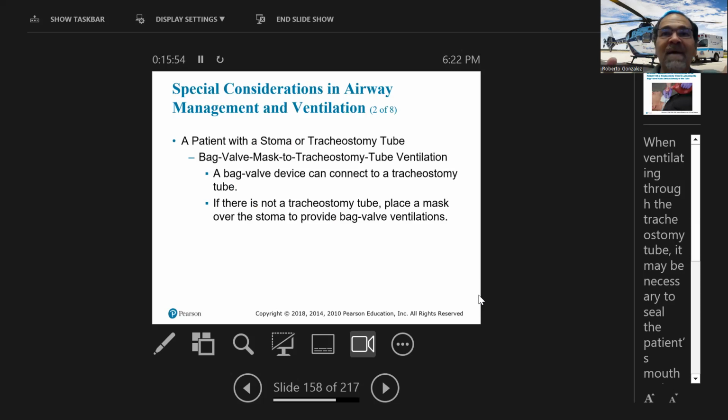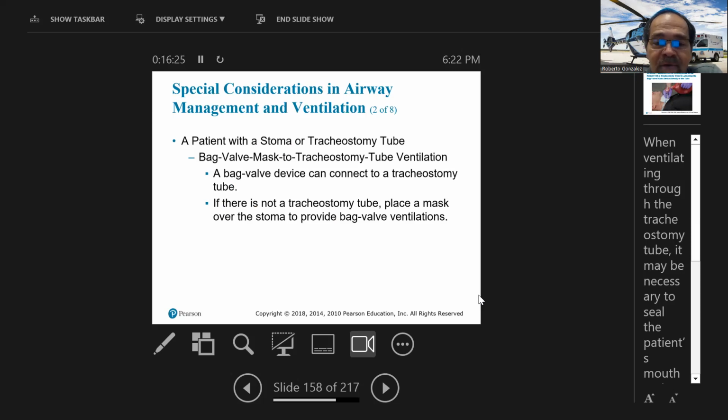All these devices are made so they can connect. And I know in one of the cases, if you decide to put him on the ventilator at the hospital, the ventilator itself will fit perfectly into that. It's a 15-millimeter port, so all these airway devices will fit into the stoma or the endotracheal tube or whatsoever.